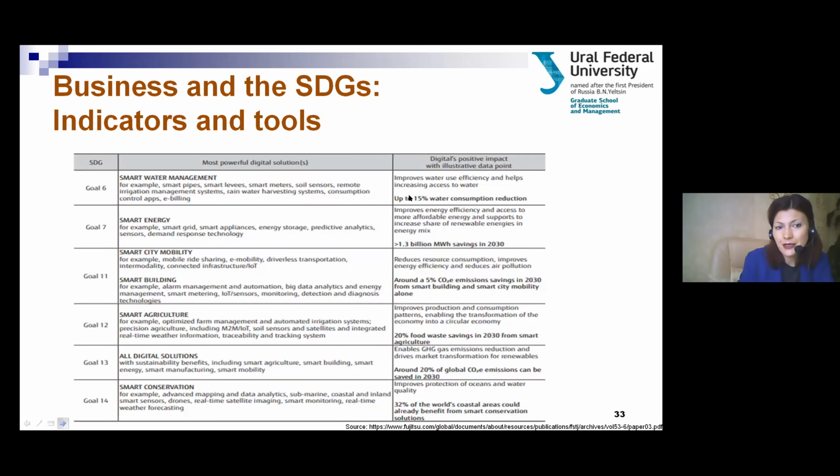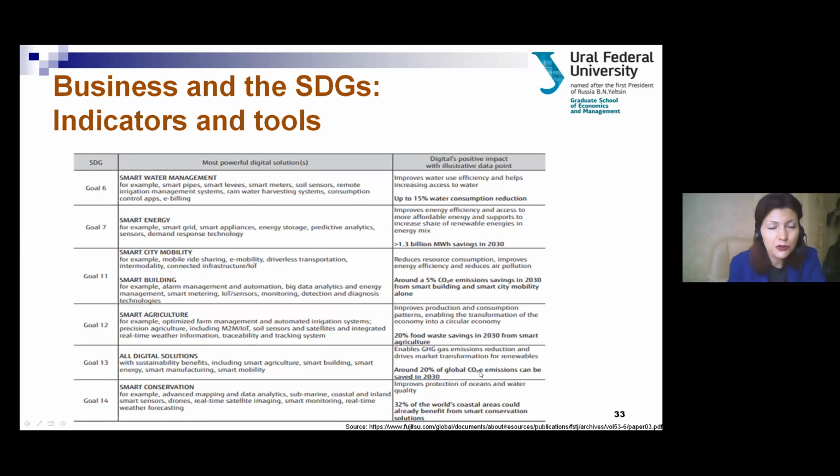For example, in water management, a good outline would be up to 15% water consumption reduction by 2030. Or for smart agriculture, 20% food waste savings in 2030. And with all digital solutions, around 20% of global CO2 emissions can be saved in 2030.